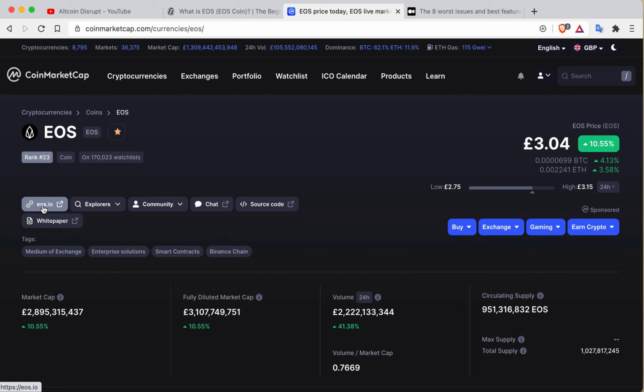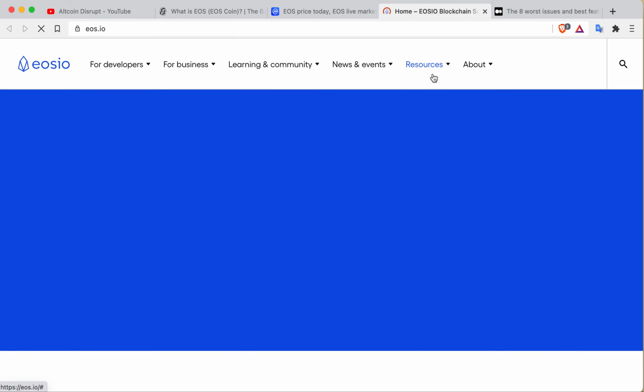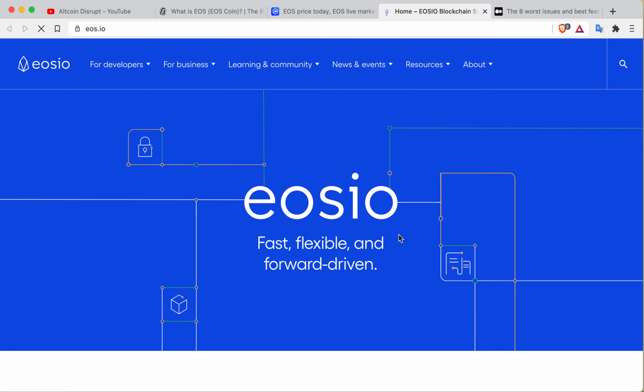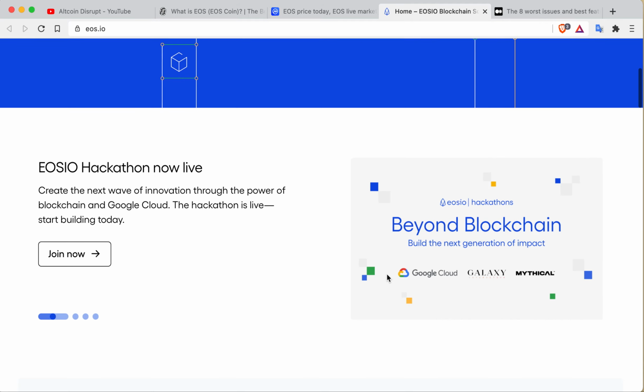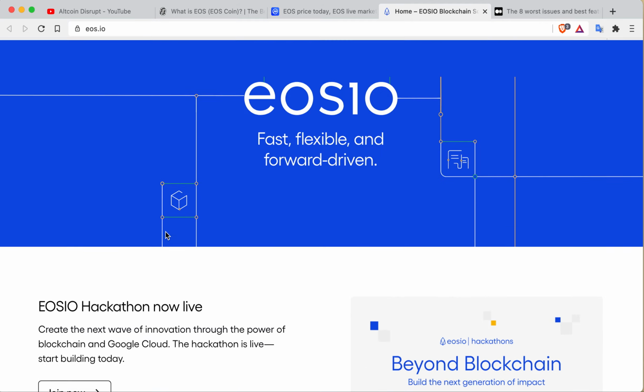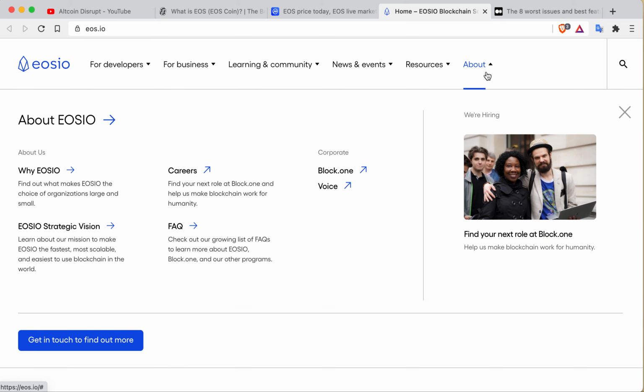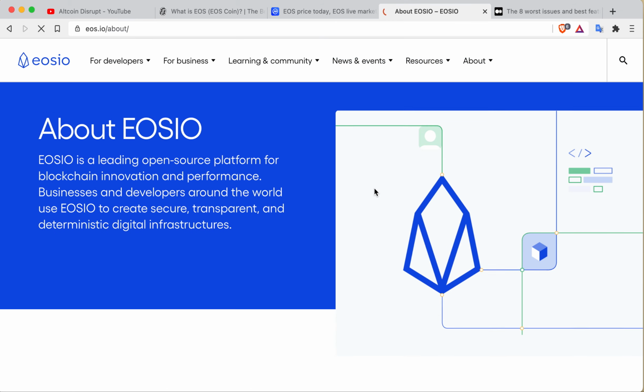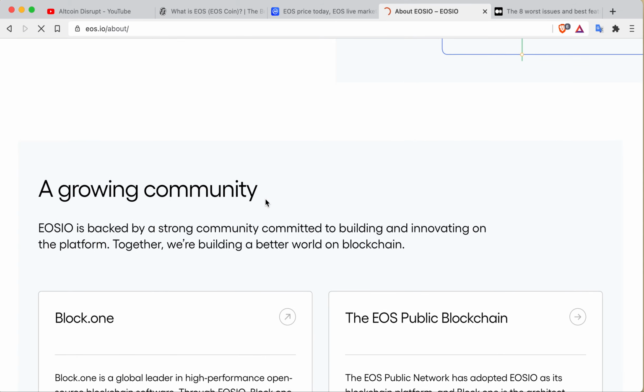Perhaps if we go to the EOS website, they might explain a little bit more. But again, even on the EOS website, I find it hard to find a simple explanation of what EOS is. They say why EOS, EOS IO strategy, and that's just the software again. They don't really give you a simple explanation. I like things that give you a simple explanation.